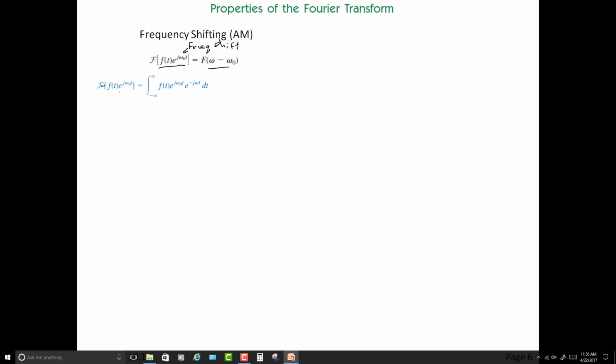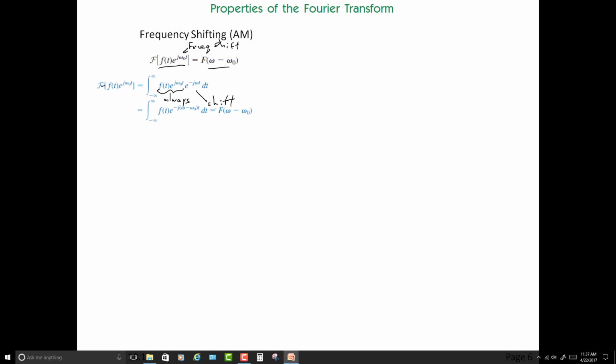The Fourier transform of f of t e to the j omega t0, right, is equal to, let's just develop a Fourier transform. That's all that's happening here. We're just multiplying into our Fourier integral, right? This was always there, right? That's how we got the Fourier transform. And here's the shift portion.